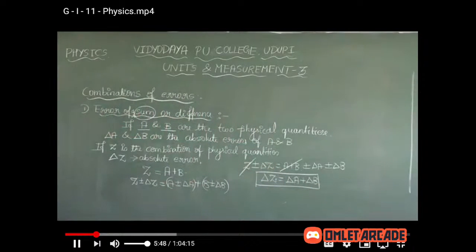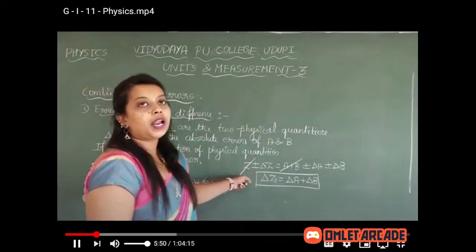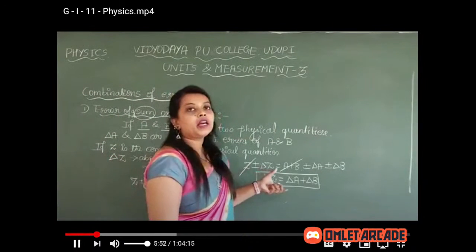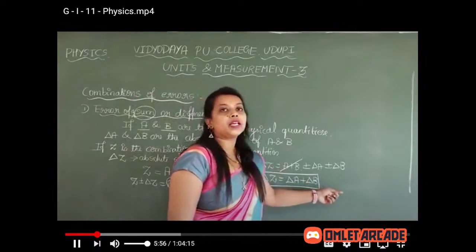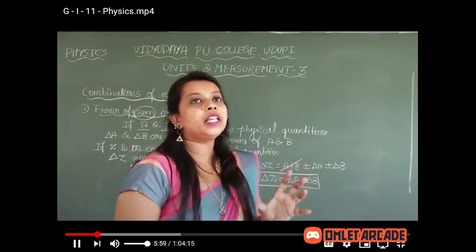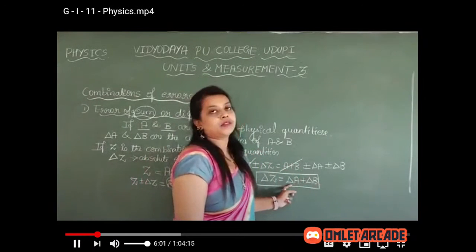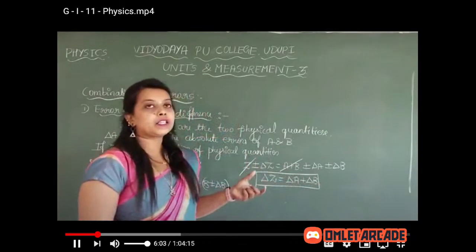The resultant error of a physical quantity is equal to the sum of the errors in measuring the individual physical quantities. This is the final expression.